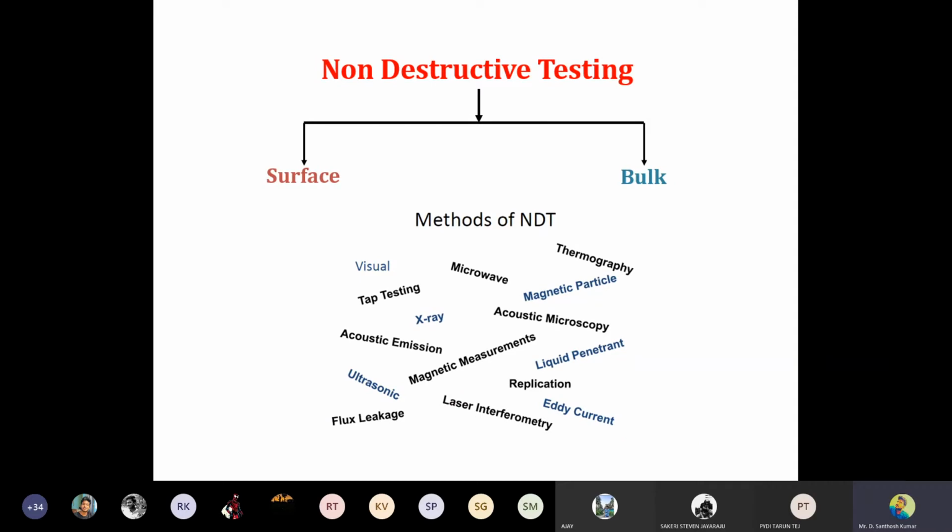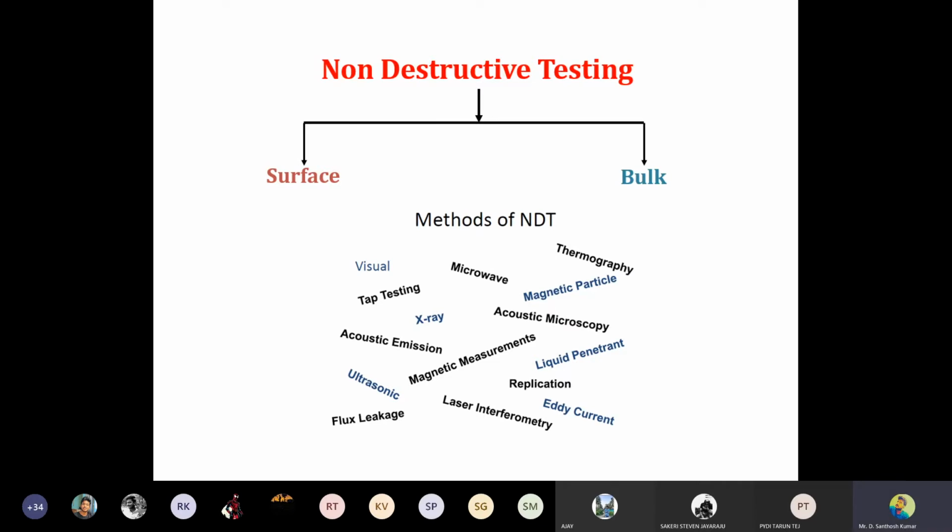Majorly, NDT or non-destructive testing is classified into two categories. One is surface NDT, which you can see on the left side, and on the other side it is bulk NDT.